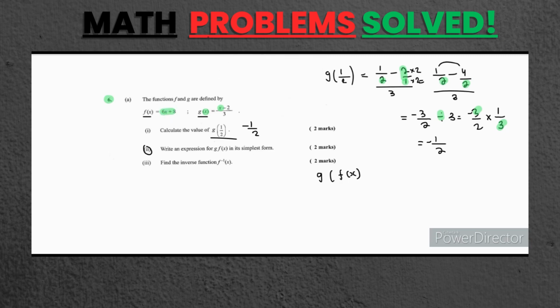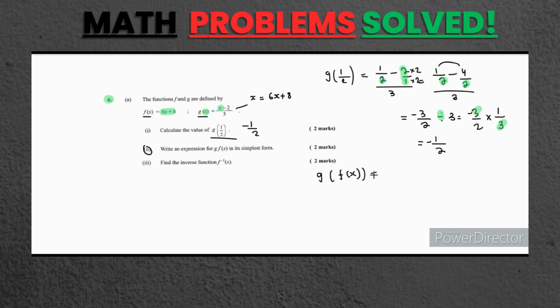So what will you do? You will take the function g of x, and in this function you will plug in x equals f of x. The value of f of x is 6x plus 8. So you will replace x by 6x plus 8 in this function.